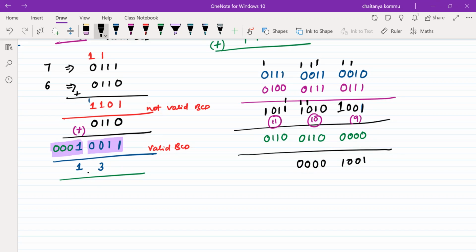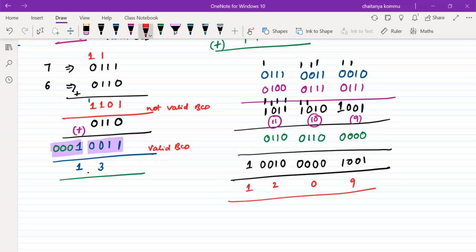Now this is 0, this is 1, so 1 and 1, two ones, give 0 and 1. Now this is a valid one. Whatever the value of this, we know it is 9, this is 0, this is 2, this is 1. So this is a valid BCD number.